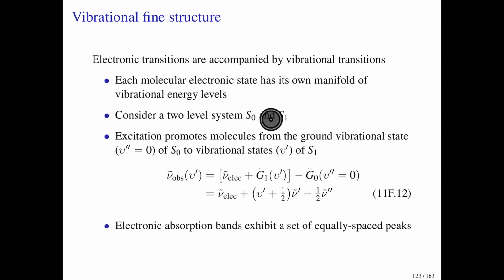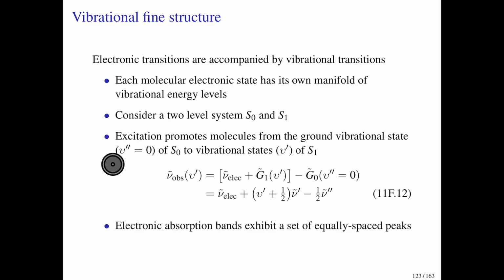So we'll consider a very simple electronic system, that two-state model. S0 here represents the ground electronic state, and S1 represents the first excited state. When you have an absorption, the excitation promotes molecules from the ground electronic state to the excited electronic state.